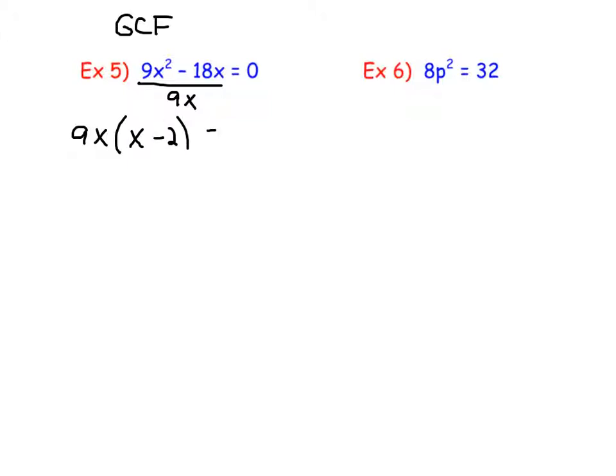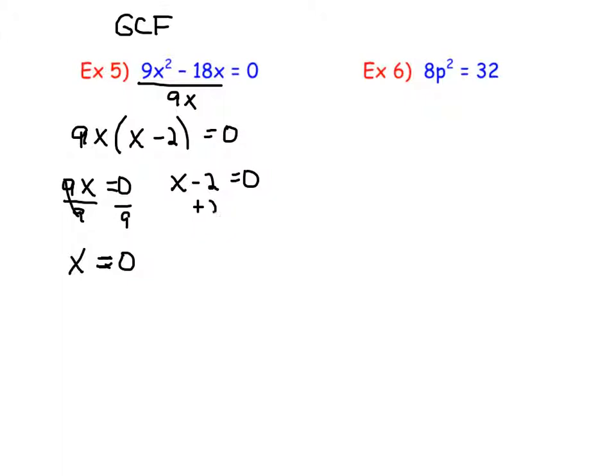Now, this doesn't look like what you're used to, but it's still a quadratic, and you still have two factors. You have 9x, so we're going to let 9x equal 0, and then we're going to let x minus 2 equal to 0. Well, over on the left, when I solve that and I divide by 9, you can see that x is equal to 0 divided by 9, which is just 0. That means that my x-intercept, one of them, is going to be where x is equal to 0, so it's going to be at the origin.